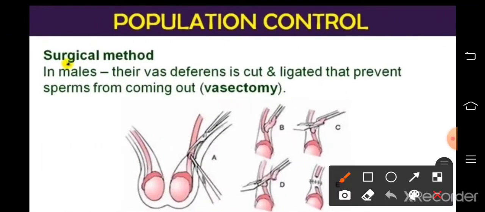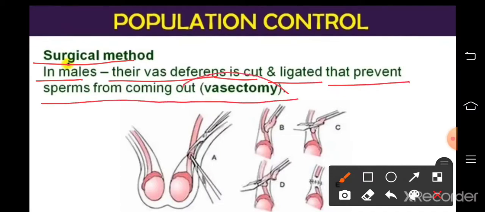Next, the surgical method is also useful for population control. The surgical method is used in males. You know that in males the vas deferens is cut and ligated, which prevents sperm from coming out. The term is called vasectomy. So my dear students, this is your vas deferens. It is cut and ligated so that sperms are not ejaculated.